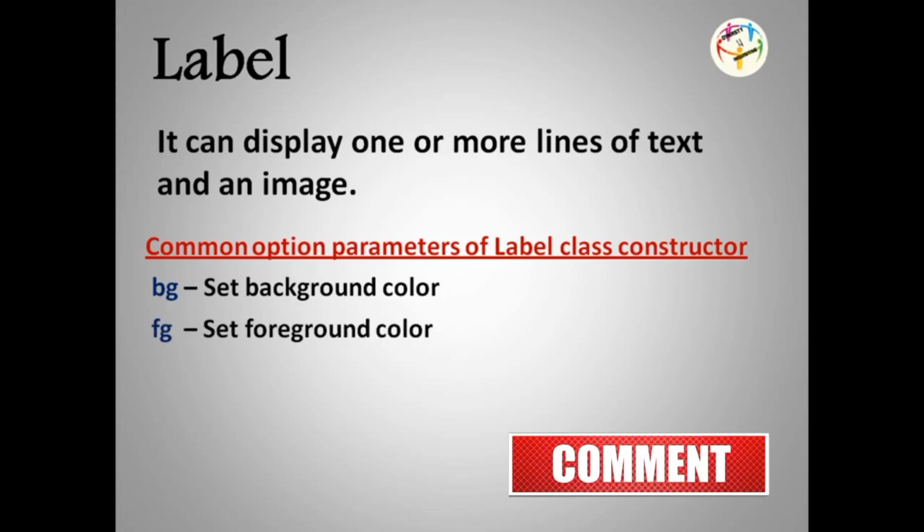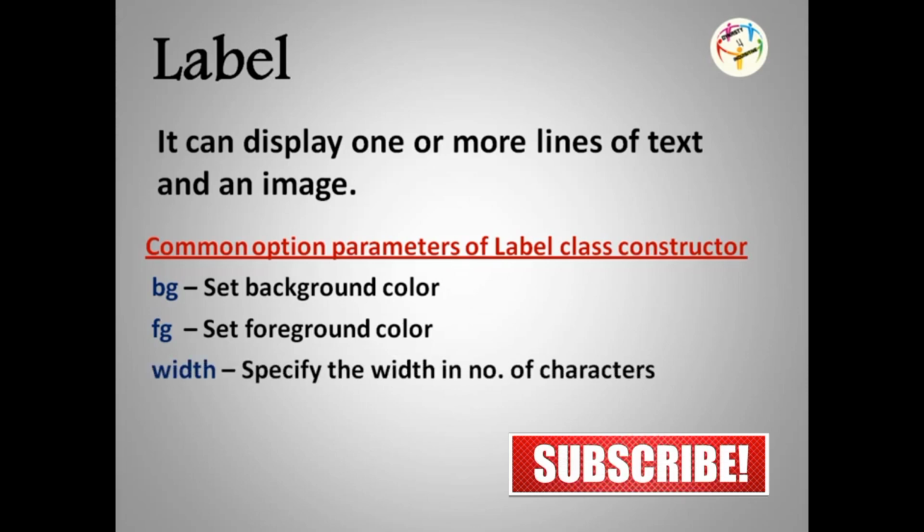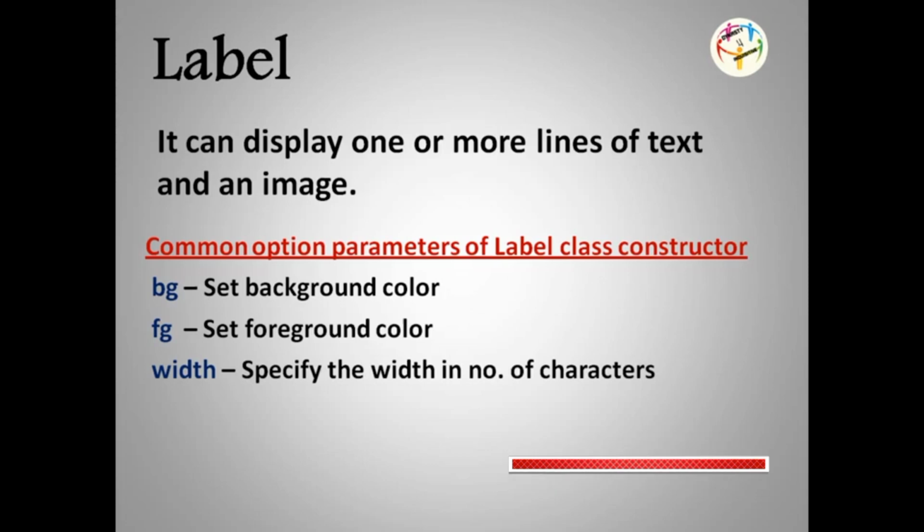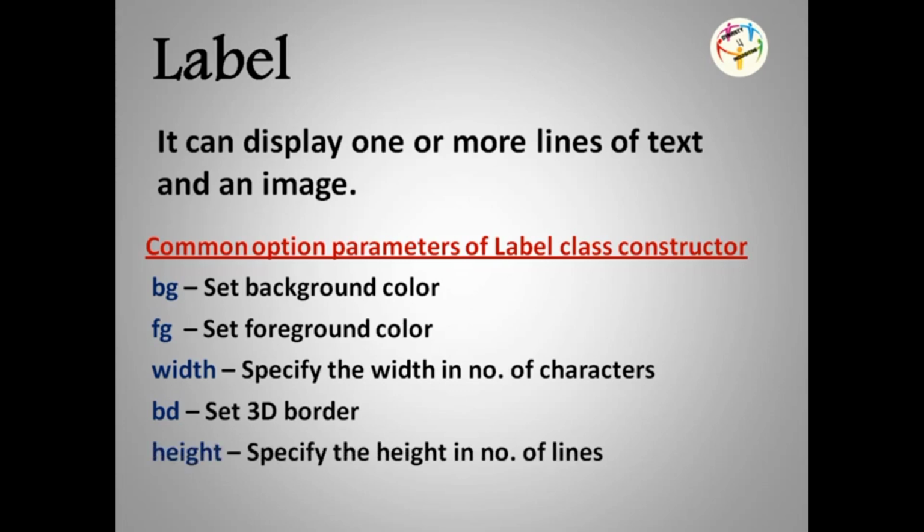FG means we can set the foreground color or text color. Width means we can specify the width of the label in total number of characters. BD means we can set the 3D border. Height means we can specify the height in number of lines. So if we specify height equal to 5, so it means 5 lines.